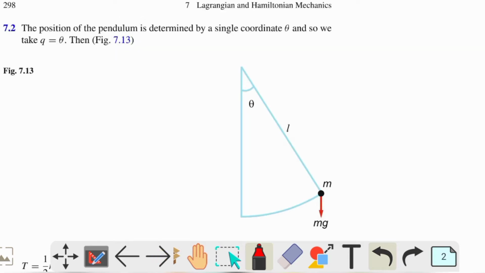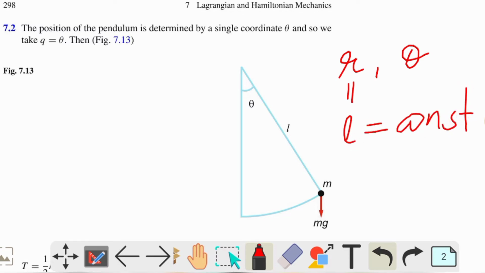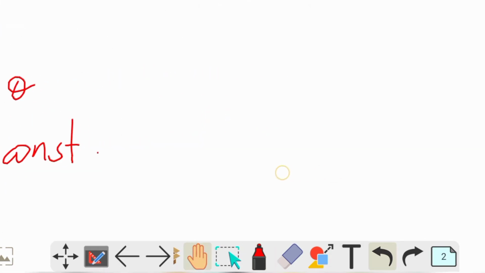So now you know that we are going to take polar coordinates, that means r and theta. Here r is equal to L, which is constant, so r dot is equal to 0. What is the kinetic energy in terms of the polar coordinates?